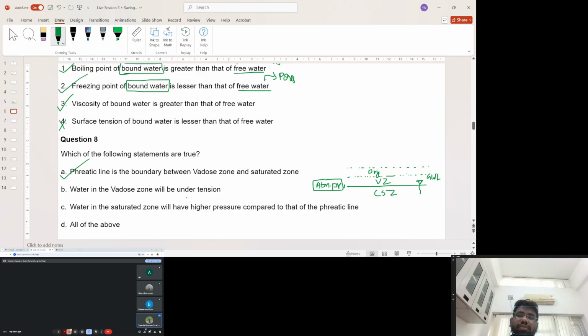Now, water in the Vadose zone will be under tension. When you consider grains, let us consider an ideal grain where water is present completely, a fully saturated zone. What happens is that water will be under compression and soil grains will be in tension.